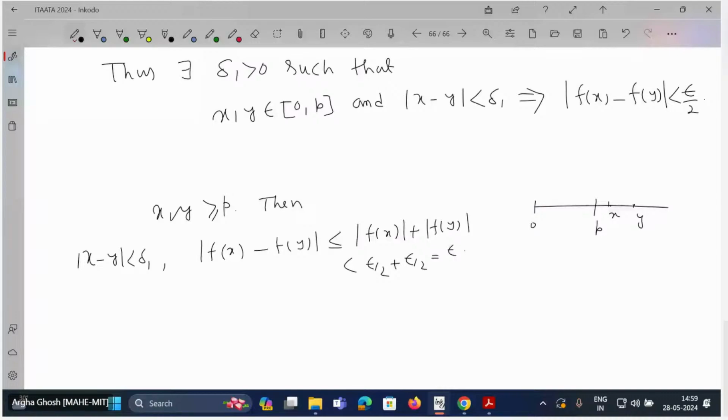So now the third possibility: let x, y be such that x belongs to, let's say, (0, p) and y belongs to (p, infinity). Then what can you do?